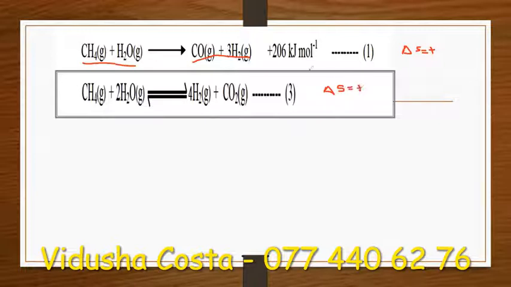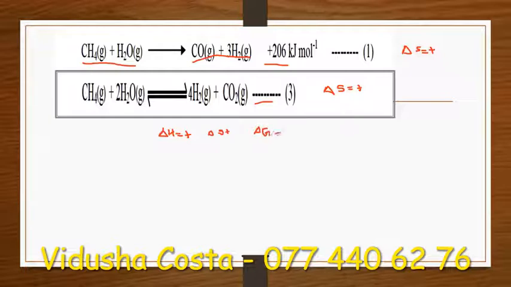Actually, the first reaction is endothermic. The third one is also endothermic. That means delta H is a plus value. This delta S is also a plus value. Now you know, then delta G should be what?